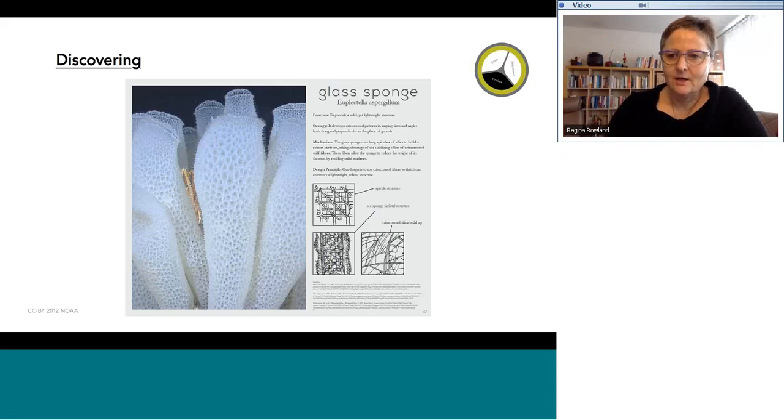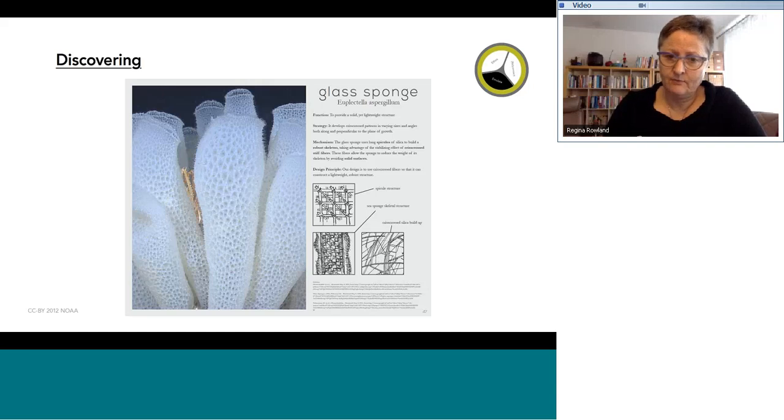And on the function card, you see a picture of the organism. Here's a glass sponge, and on the right-hand side, you see a diagram of the particular strategy that we were looking for. This was a function card for the innovation of a very particular elevator. We were looking at how the sponge does it so that it has such a light weight.